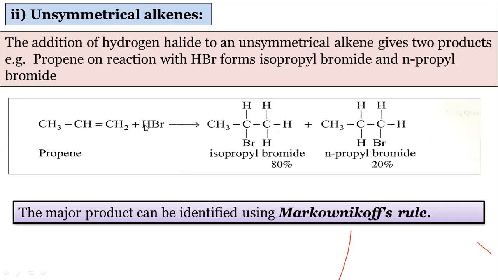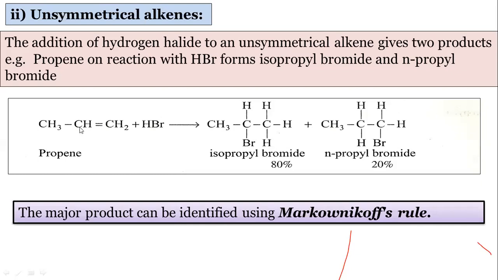This is already explained in the chapter on hydrocarbons in 11th standard, but again I am going to explain because this is a very important part. Markovnikov's rule we have to apply here. What is Markovnikov's rule? In case of an unsymmetrical alkene and addition reaction, the negative part of the reagent gets added to the carbon atom which contains fewer hydrogens.